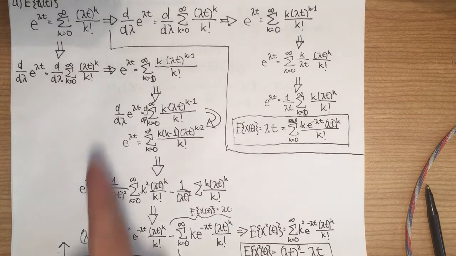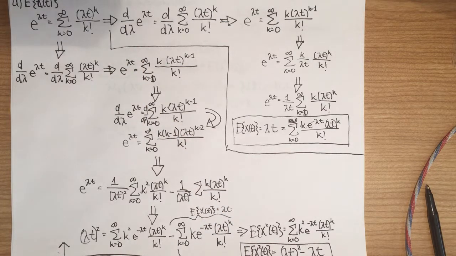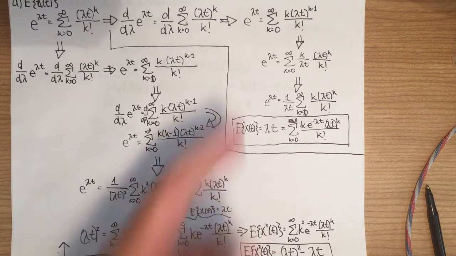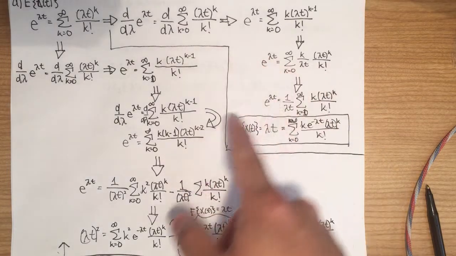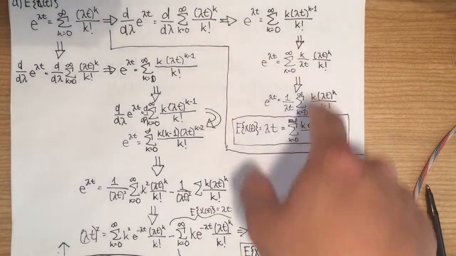So here's my work. I took the derivative with regards to lambda of both sides. E to the lambda t stays e to the lambda t. This side turns into k times the quantity lambda t to the k minus 1 over k factorial. And then you separate out both.